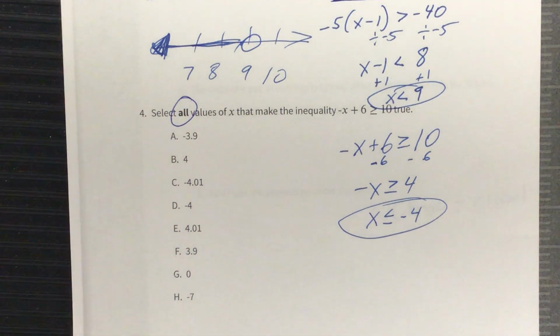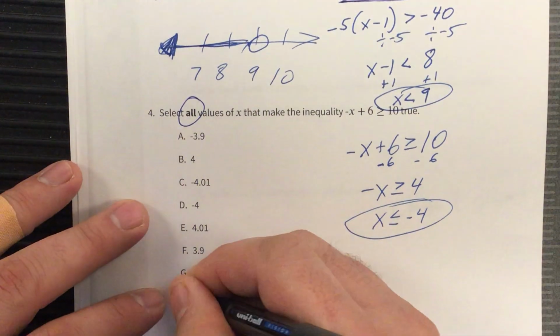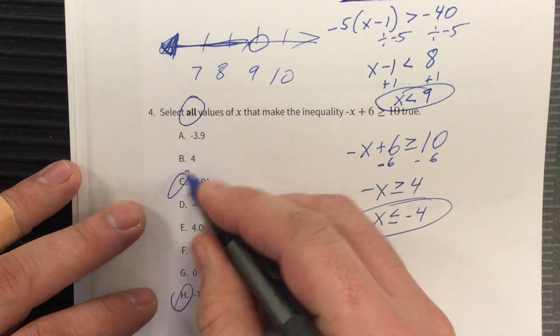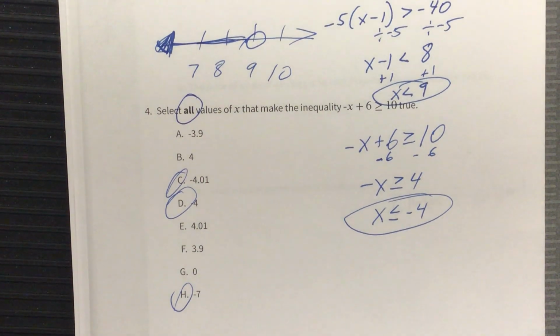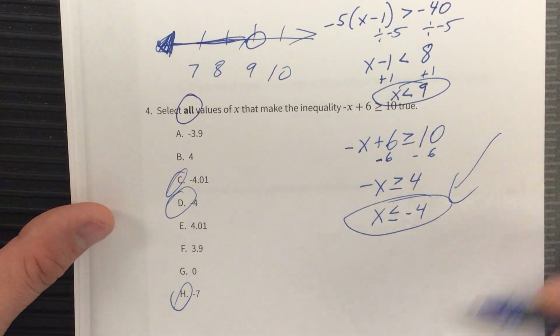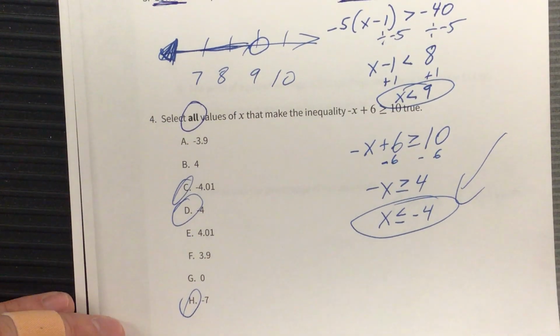So which ones qualify? Those are the 3 numbers less than or equal to negative 4. Solving saved us from trying every number in there.